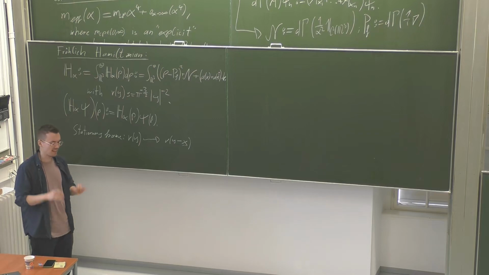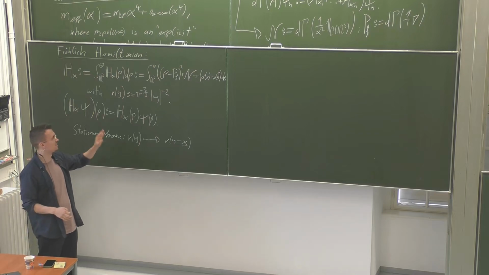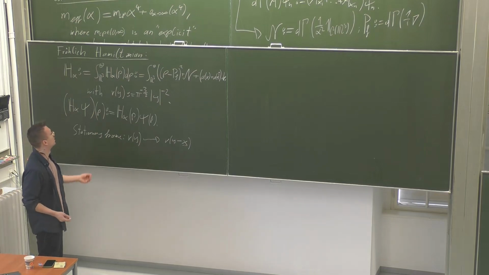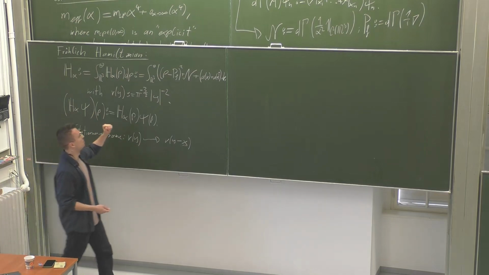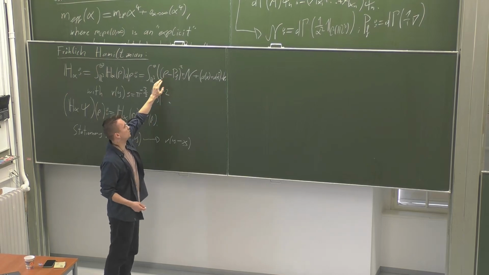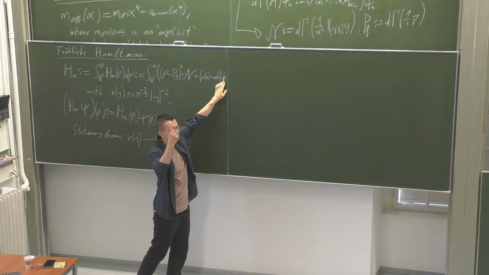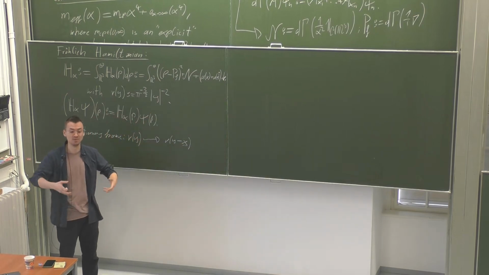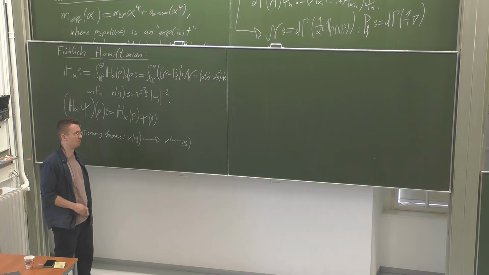So in the stationary frame, it's much easier to see that this is an interaction. The reason why I prefer the Lee-Low-Pines picture is because here it's clear that this operator commutes with the multiplication, with the total momentum operator. So here, really, the translation invariance is very manifest, which I prefer.